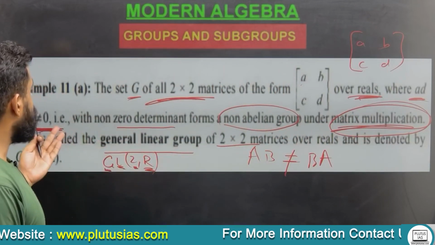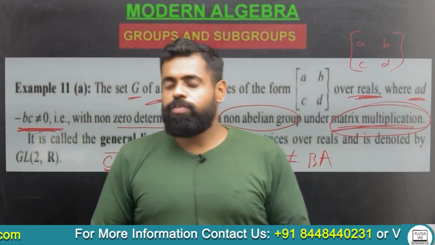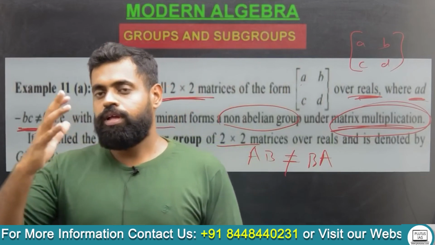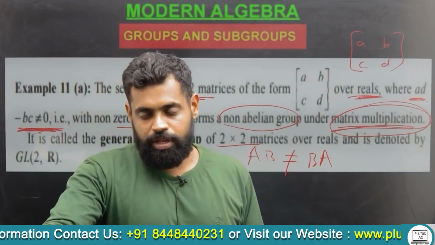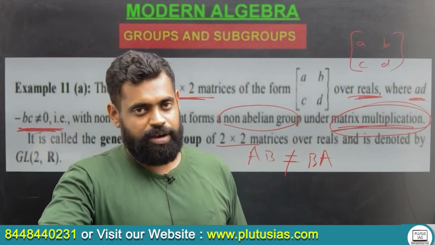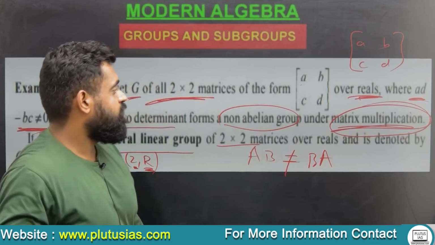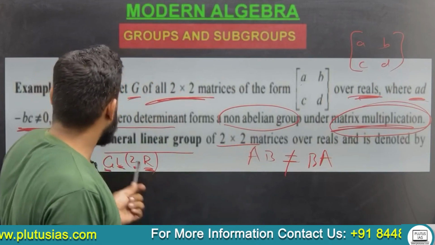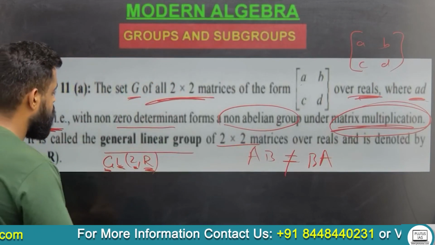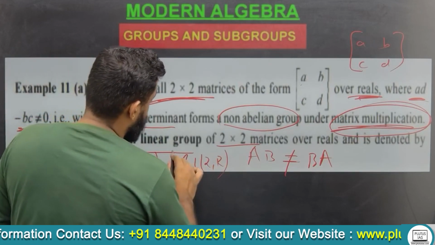Since the determinant is non-zero, we can find the inverse of the matrix. The operation is matrix multiplication, it is a non-abelian group, and it is called the general linear group, denoted by GL(2, R).